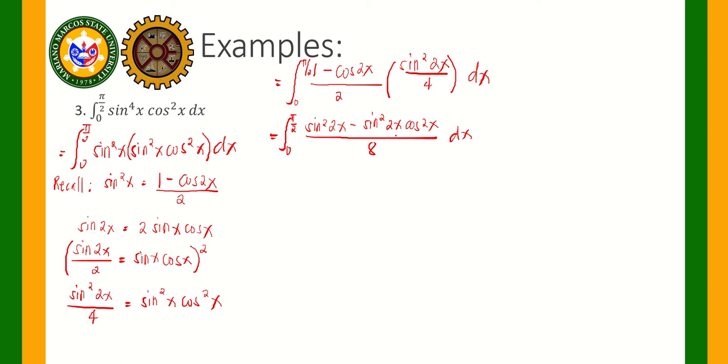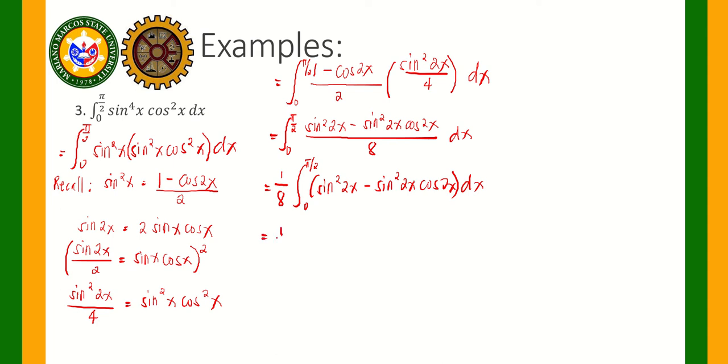Now, since this is a constant, we can isolate that. So, this is equal to 1 over 8 times the integral of sine squared 2x minus sine squared 2x cosine 2x dx, limits from 0 to pi over 2. So, just like the basic integration, integrate natin sila separately.